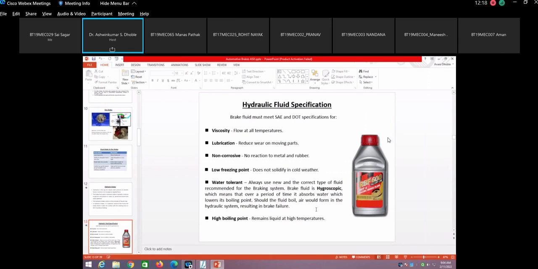That means if you do not maintain the continuity of the fluid and in between there are trapped air bubbles, then the brake pressure applied by the driver may not get transferred uniformly. Then high boiling point: it remains liquid at high temperature. That means there should not be any dip in the boiling point temperature. So this is the idea on which the hydraulic fluid should work.